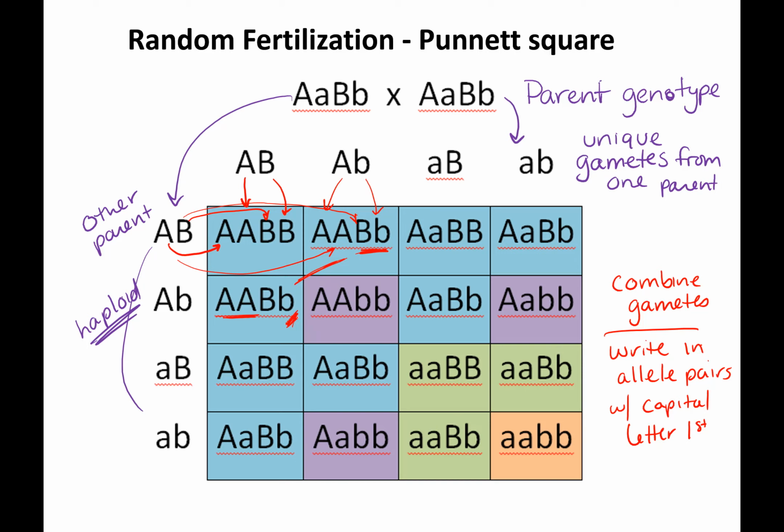It doesn't matter. Keep the A's all together, keep the B's all together, and write the capital B first. It will help you when we interpret genotype to phenotype. These in the Punnett square are possible offspring.